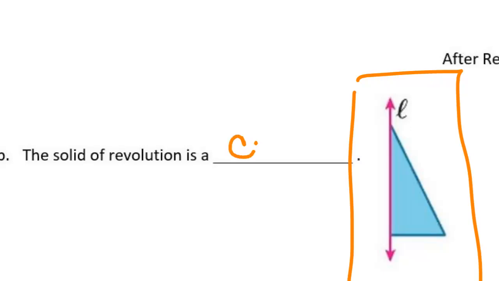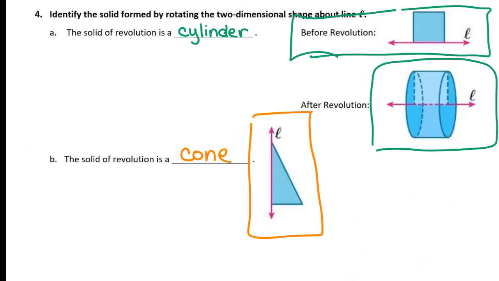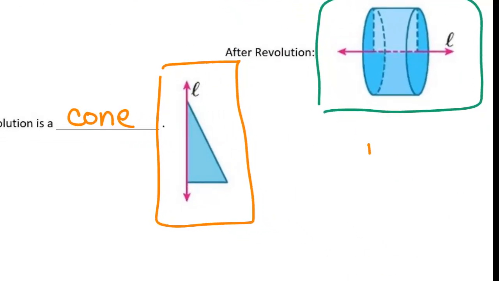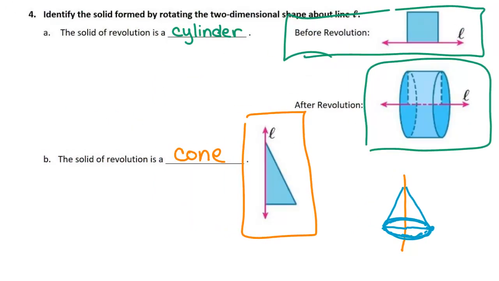So we would get a cone shape here. After revolution, it's going to kind of look like this as this corner spins around to here and then spins back to itself. Do you guys see that kind of cone shape to it?